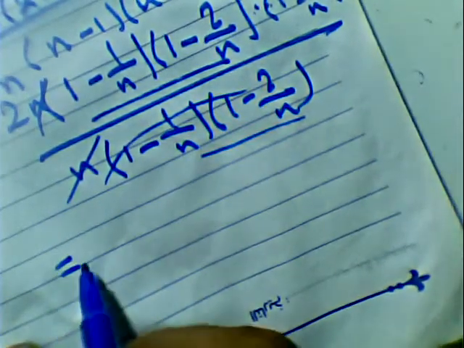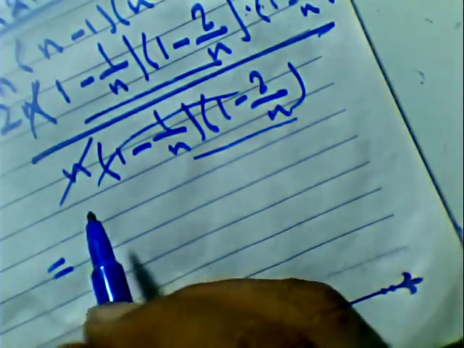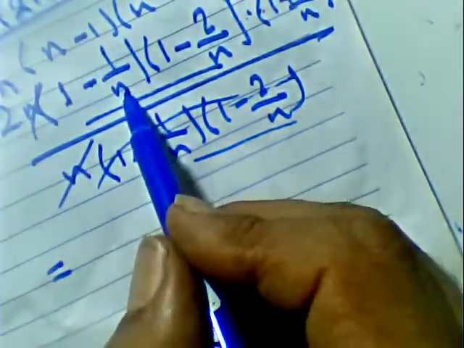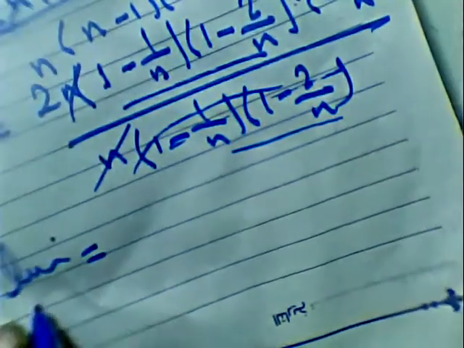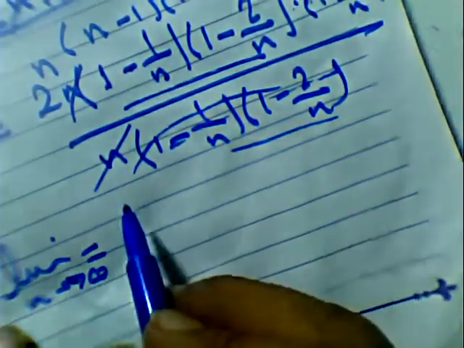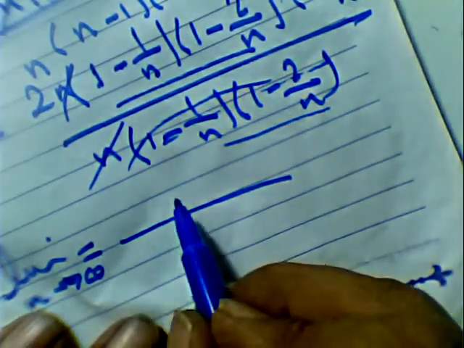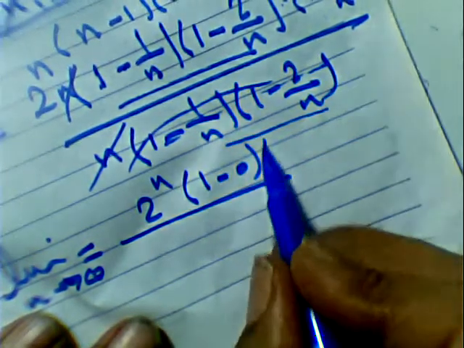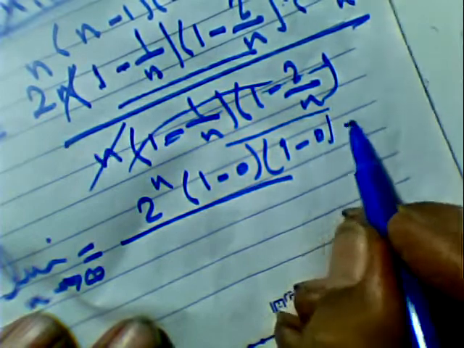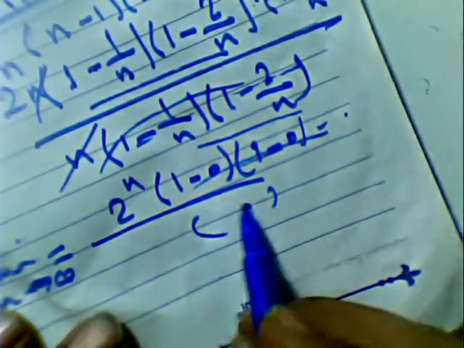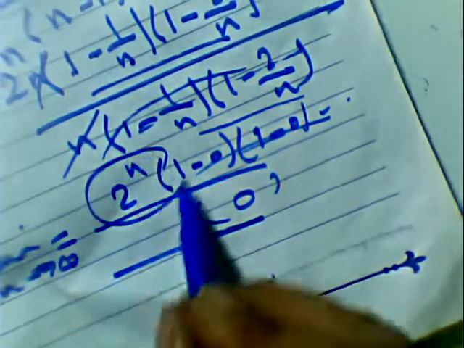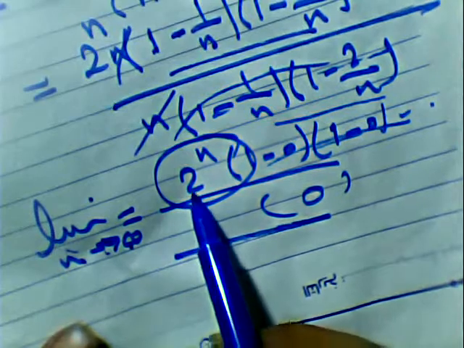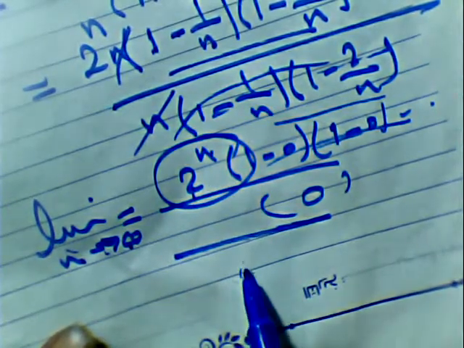Then the terms go to 0, so we get 1 minus 0, 1 minus 0. Then this is 0 and this is 0, so the limit as n goes to infinity is 2 power n, which means infinity.